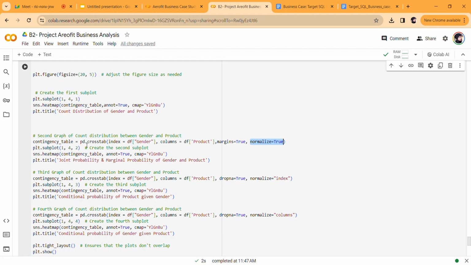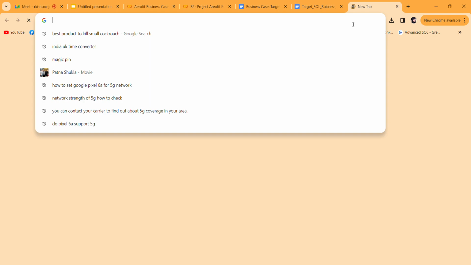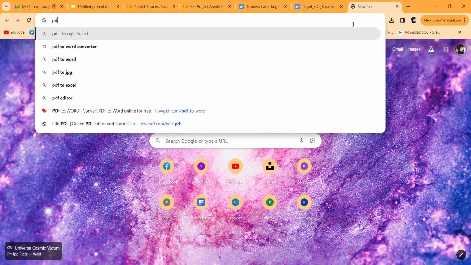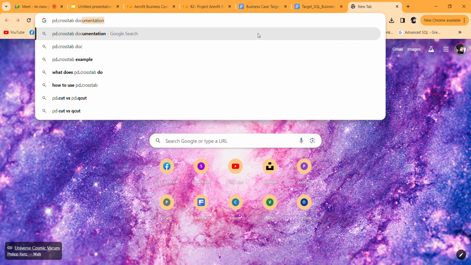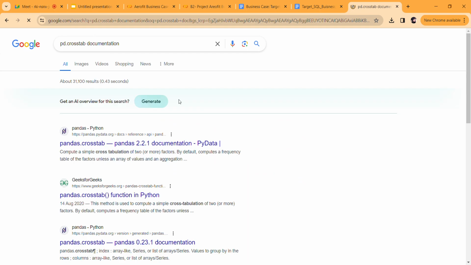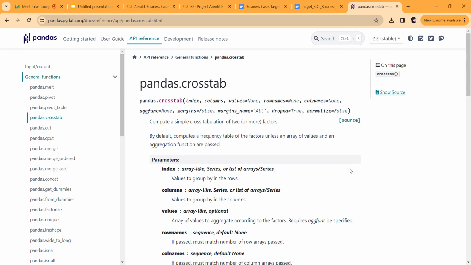You can go and check the pd.crosstab documentation. Here you can see there are multiple things that we can do, and what the defaults are.